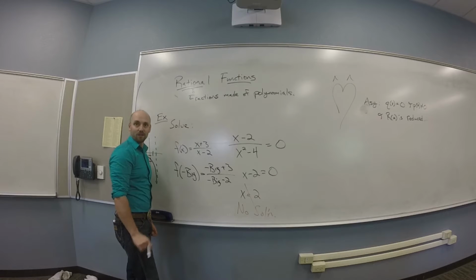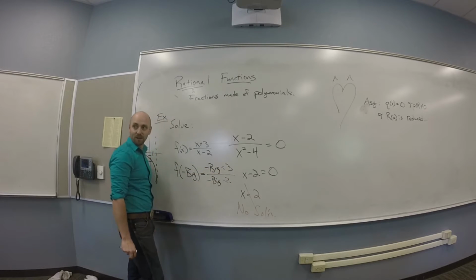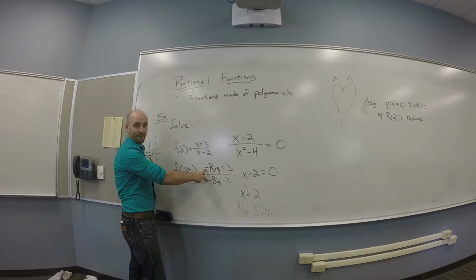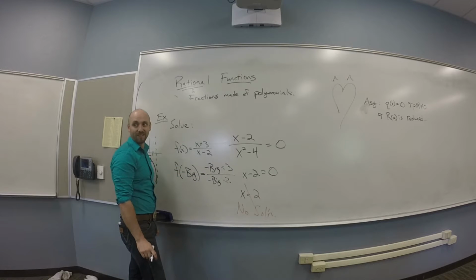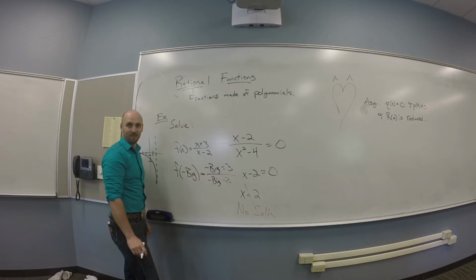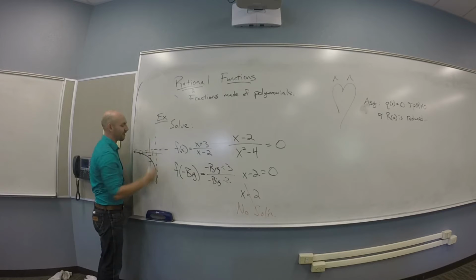So that's basically negative big over negative big, which is positive. Big over big is probably basically 1. So it's approaching 1. So it has what's called a horizontal asymptote.